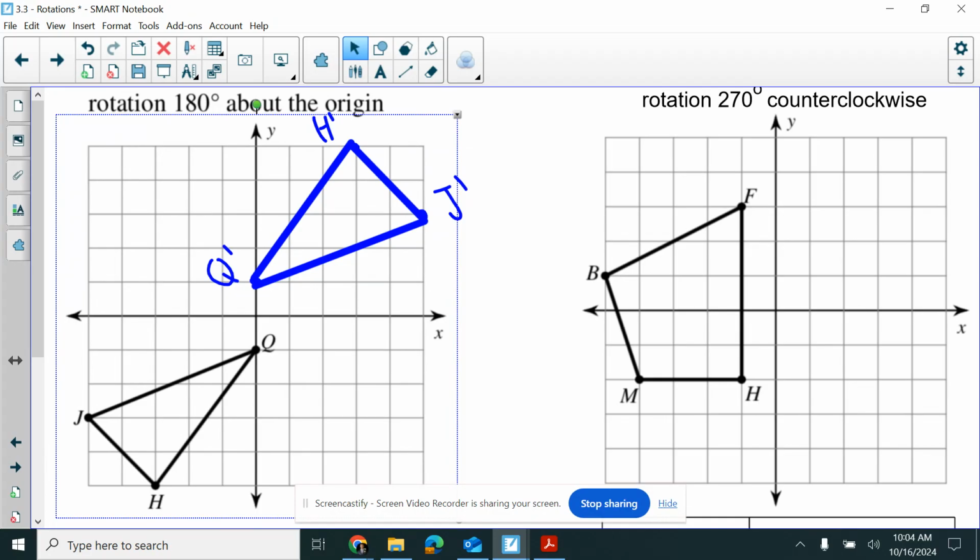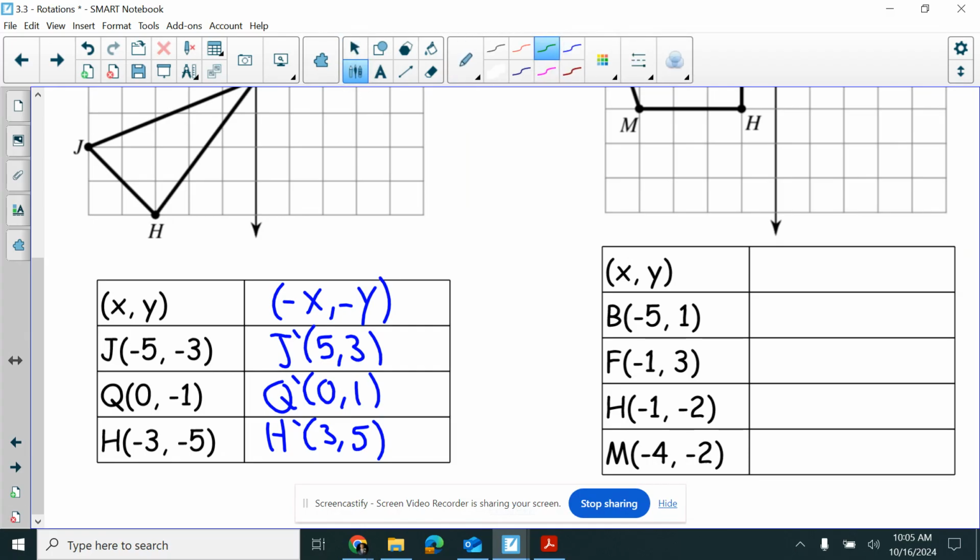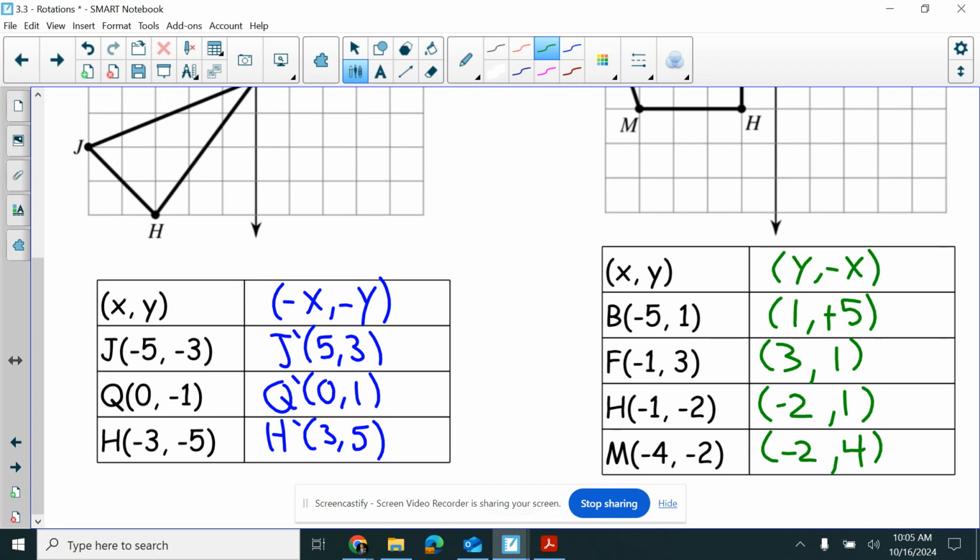The second one, if I do a 270-degree rotation, the rule is y, then the opposite of x. So my new coordinates would be 1, -5. Oh, actually that would be +5 because you have to do the opposite of x. 3, +1. -2, +1. -2, +4.